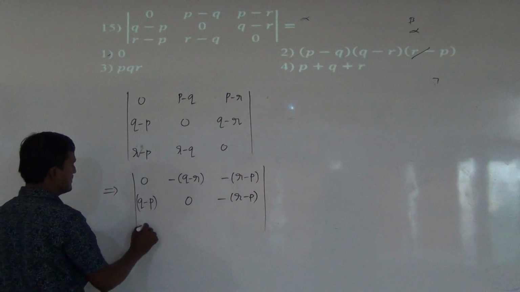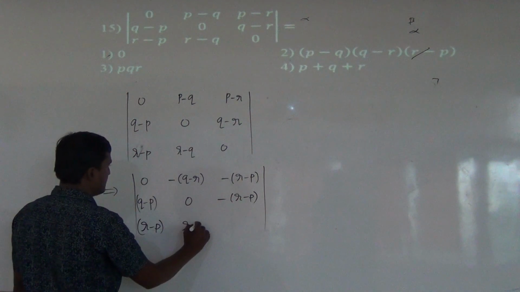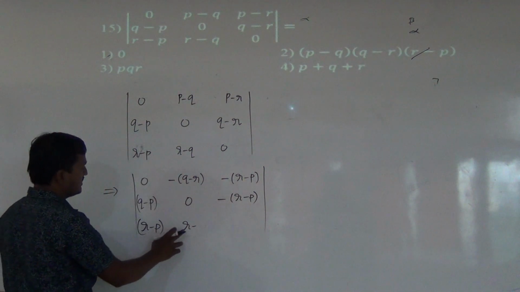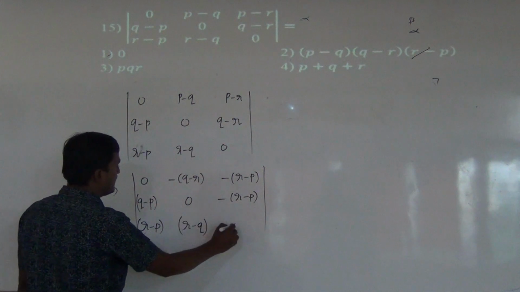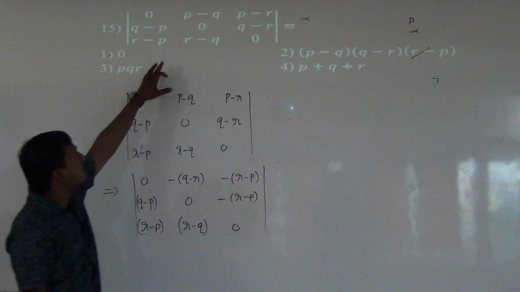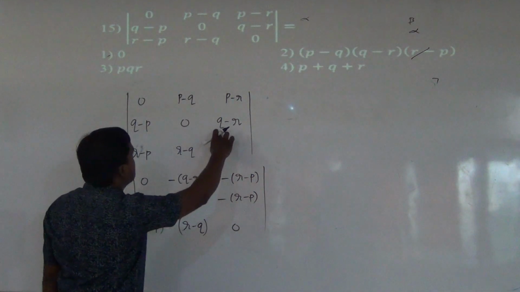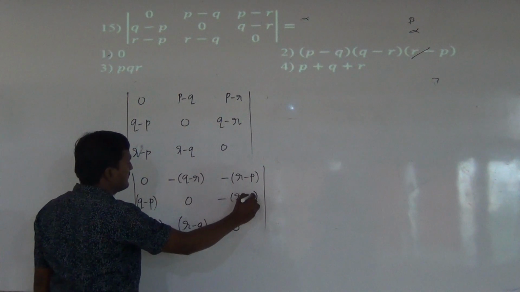Again here it is r minus of p as it is, r minus of q as it is, r minus of p as it is, and here it is r minus of q, right? And here it is a 0, right? So clearly, here it is r minus of q, and here it is q minus of r, means here it is r minus of q, right?